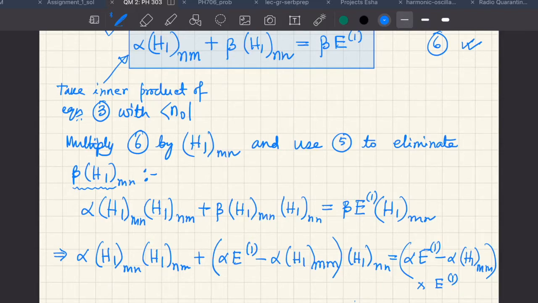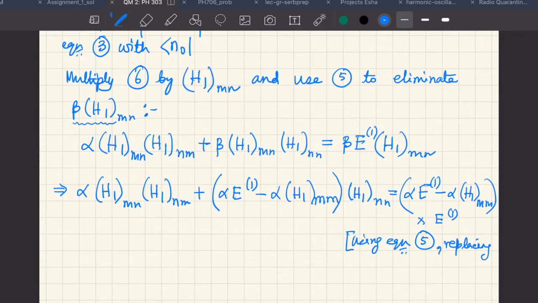This we have found using equation number 5, replacing beta H1 mn by alpha E1 minus alpha H1 mm.